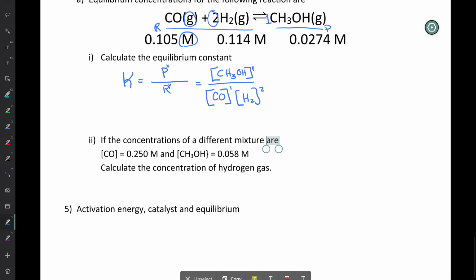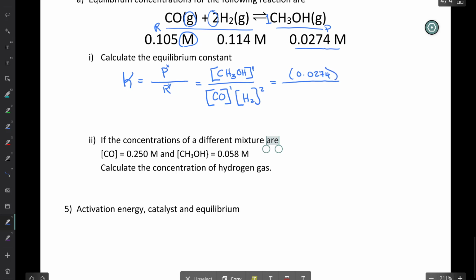Okay? Now here's the thing, when we do the calculation, don't get too hung up on what it means exactly. Just go ahead and write the equilibrium constant and then put the numbers in and finish the calculation. So we're going to go like this. The concentration of CH3OH is 0.0274.